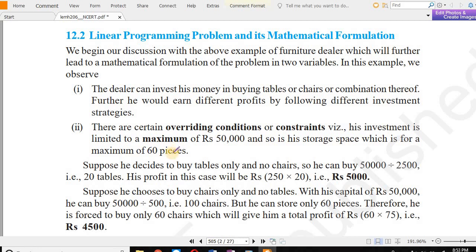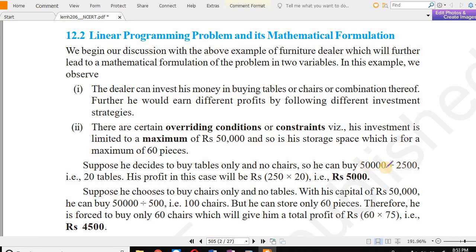Right. Now, if he bought tables and no chairs, he could buy 50,000 divided by 2,500. Why is that? Because this is the amount of money he has, and this is the amount of money per table. So he can't buy more than that, because if he did, he would spend more than 50,000 rupees. You can verify that 20 times 2,500 is 50,000.